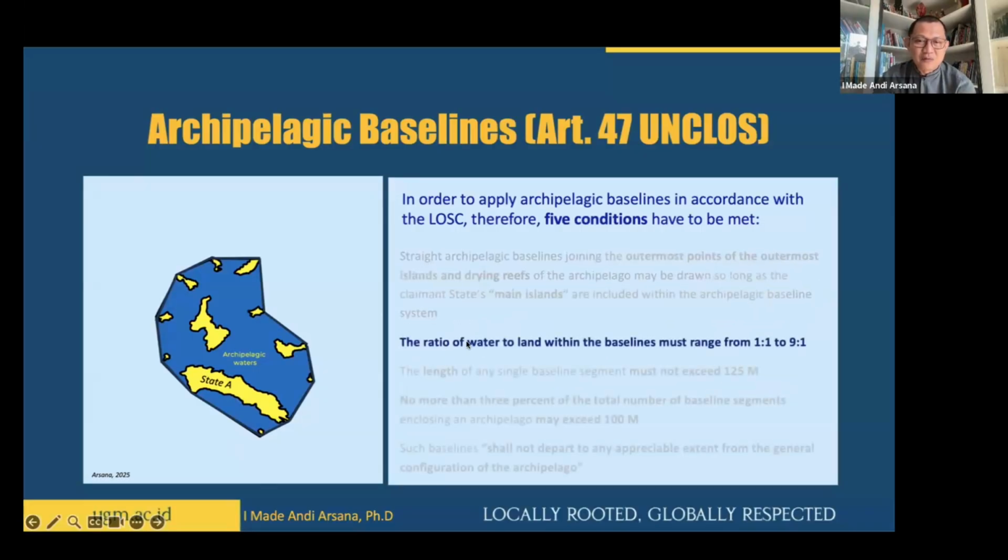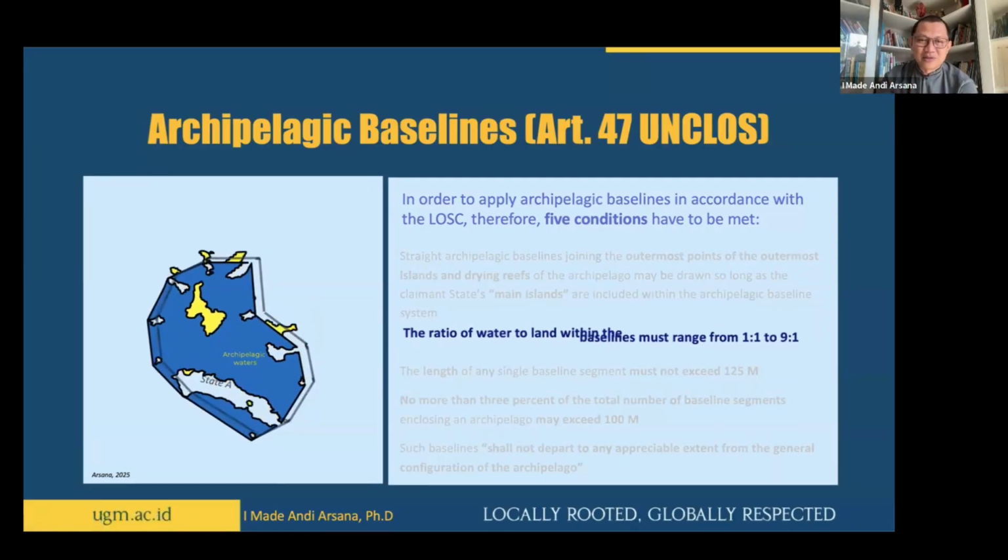The ratio of water and land within the baseline must range from 1 to 1 to 9 to 1. Okay, water and land, the ratio. So you have to calculate the area of land and area of water. If you want to calculate the area of land, you need to distinguish between land and water.